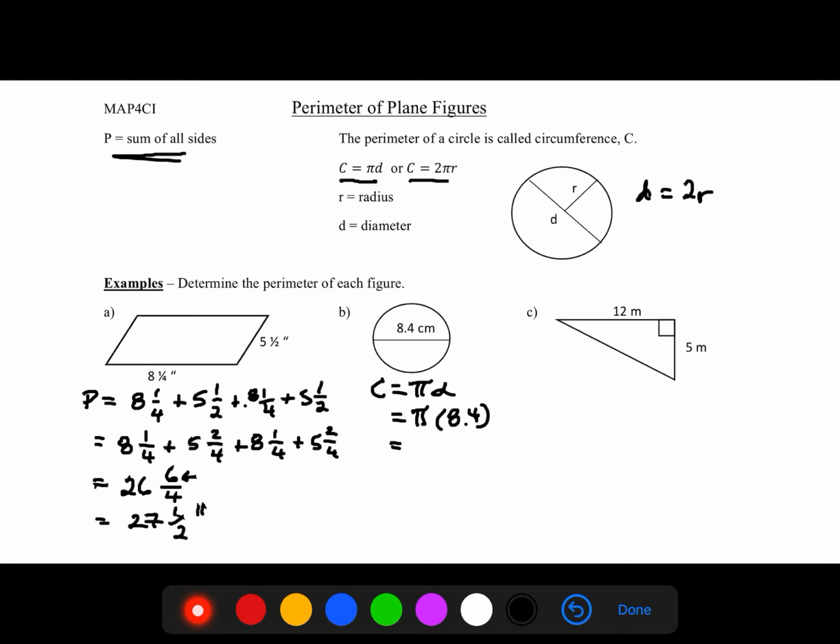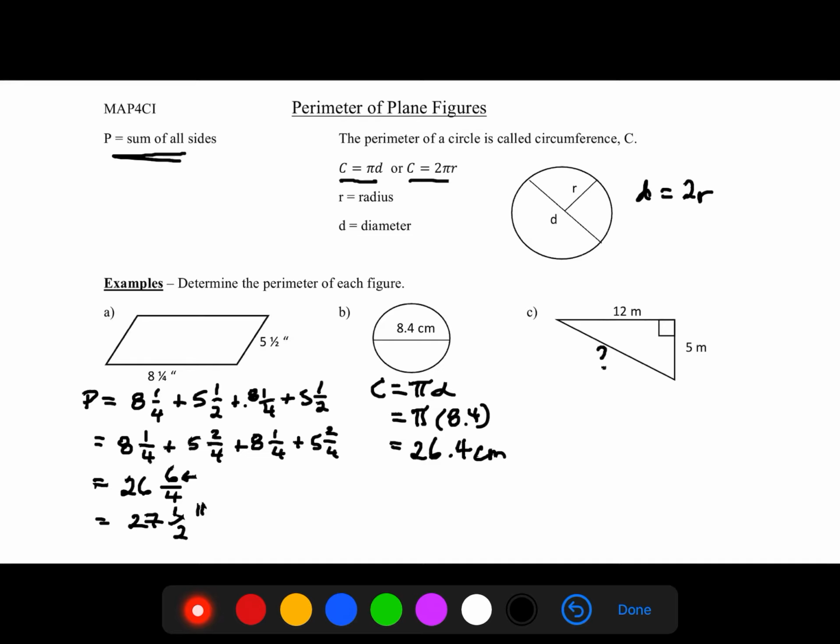So in our calculators, we're going to press pi times 8.4. And if we haven't been told otherwise, we're going to round side measurements to 1 decimal place. So when we do that, we get 26.4 centimeters. And we always want to make sure we have our units on here.